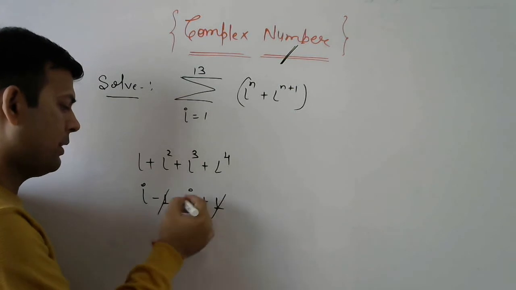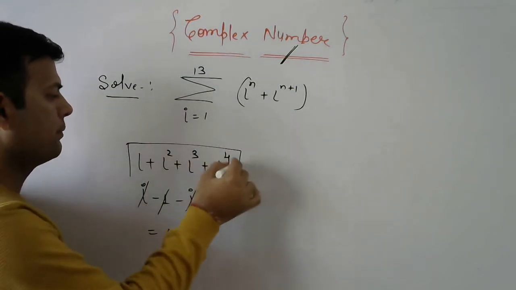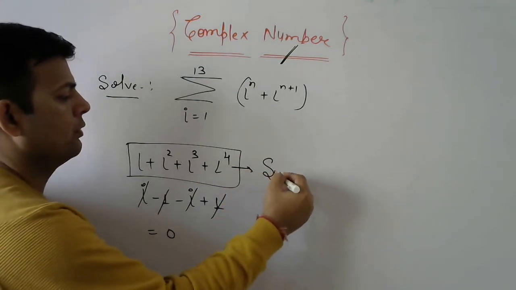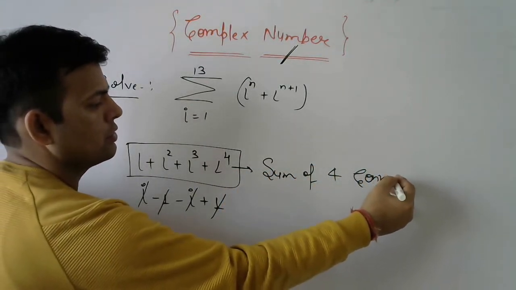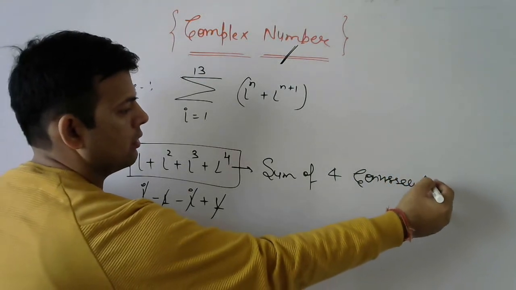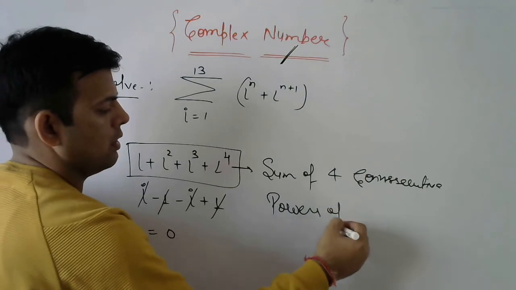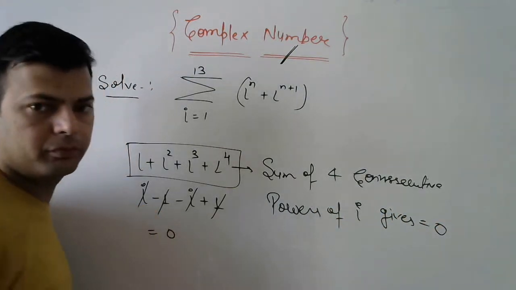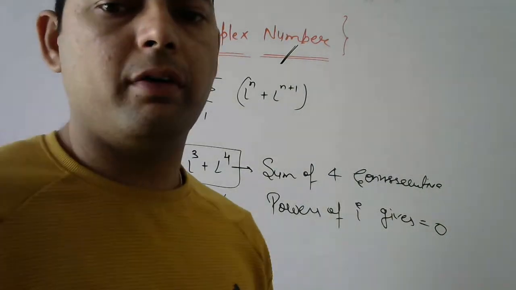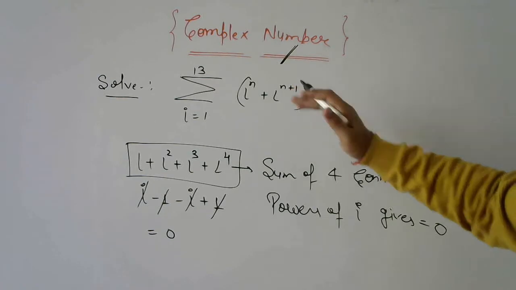So 1 cancels with minus 1, iota cancels with minus iota, that is 0. So the concept is: the sum of 4 consecutive powers of iota gives 0. So I apply this concept here.